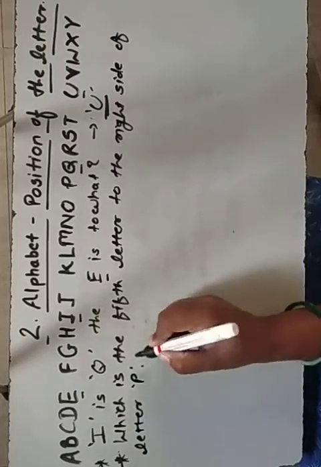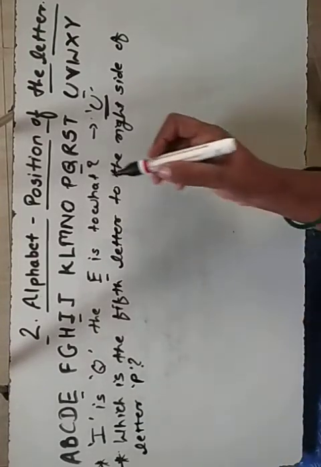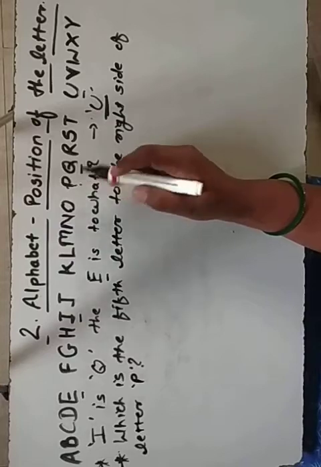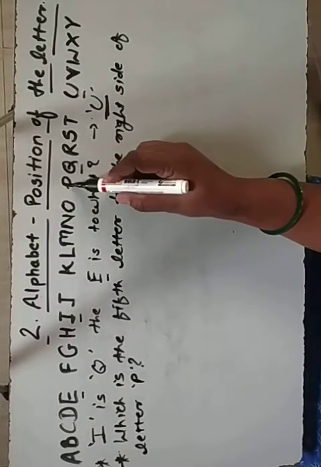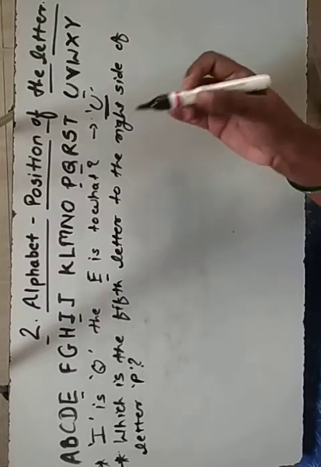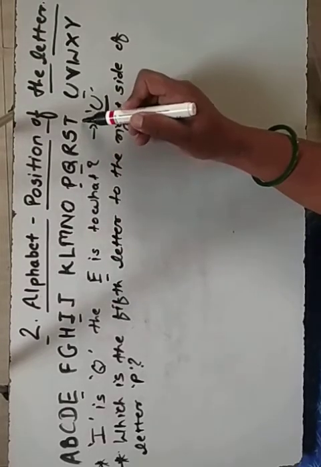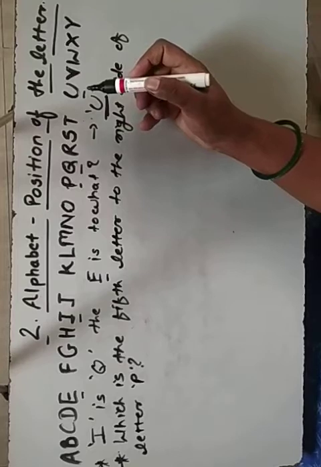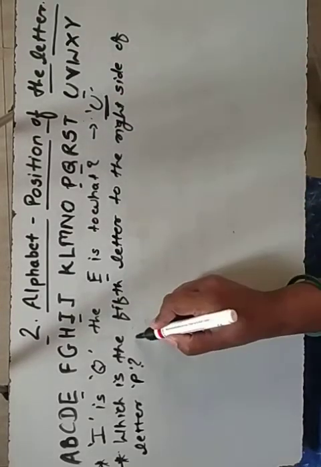Letter P. So first of all we have to find out P. Where is P? It is here. Right side, your right side, is the book's right side. So from P, which is the 5th letter? So 1, 2, 3, 4, 5. The answer is again U. Okay, so its answer is again U.